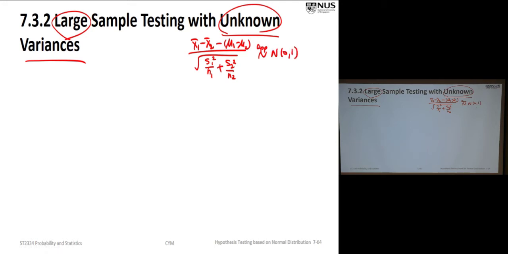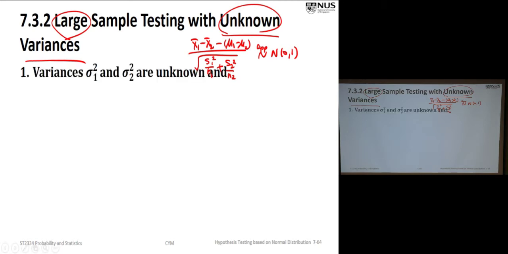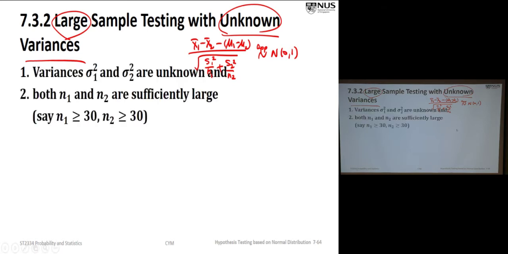Why? Because if the sample size is big, we can say that S1 squared is very close to sigma 1 squared, so we replace sigma 1 squared by it. But because this is only a guess, it's not exactly a standard normal distribution, but an approximate normal distribution. All right? And so that's what we have.